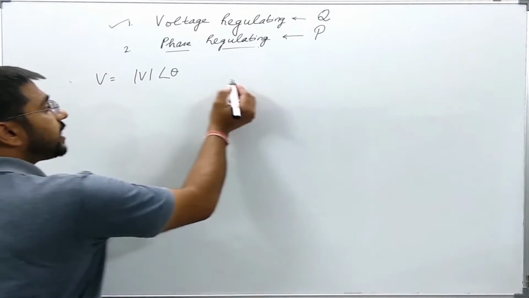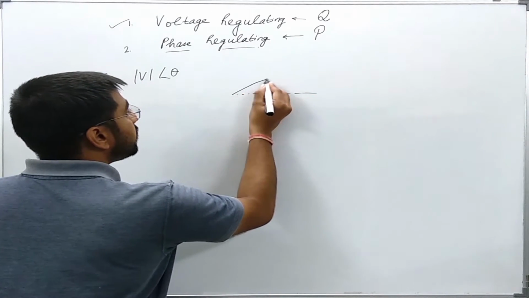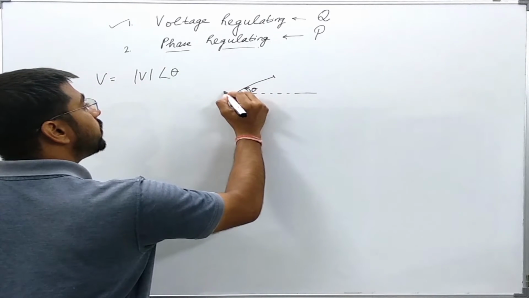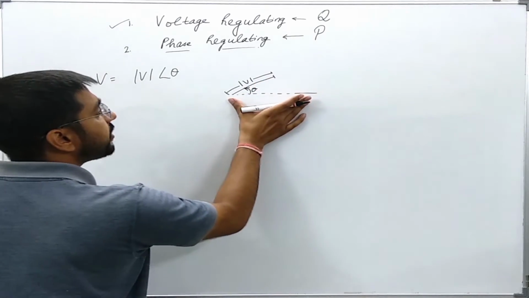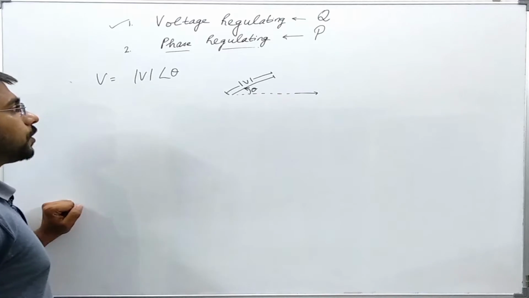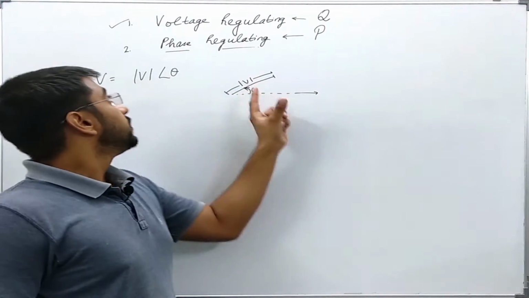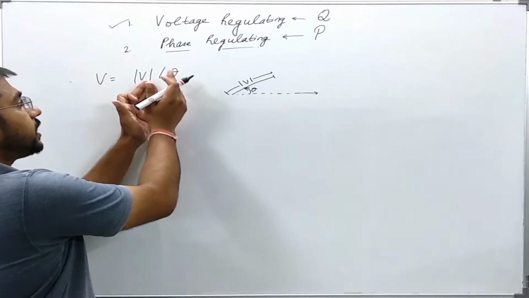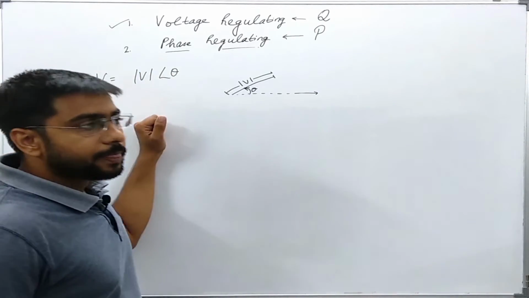It means that its phase is leading by an angle theta and its magnitude is V, and this is the reference phasor at 0 degree angle. Okay, so the phase angle part is usually shown in complex form by this angle theta.